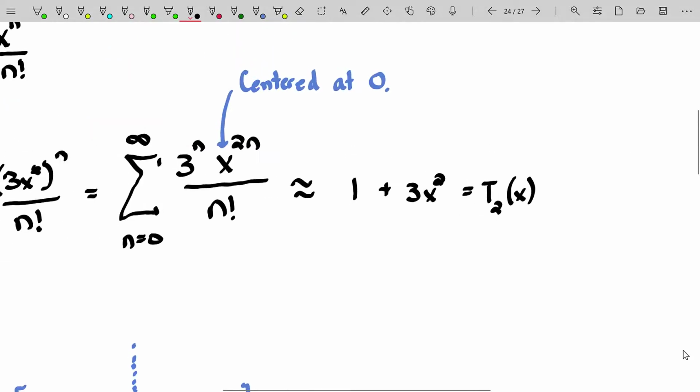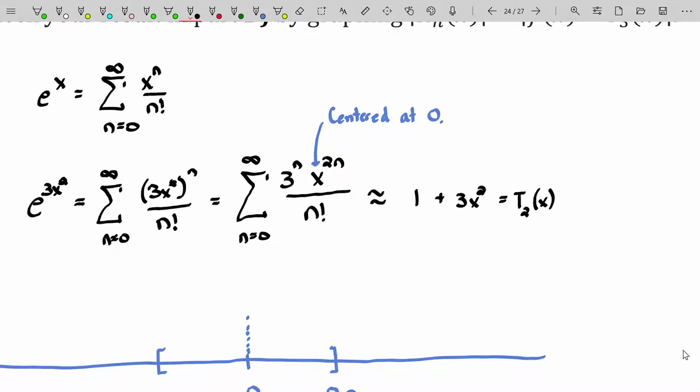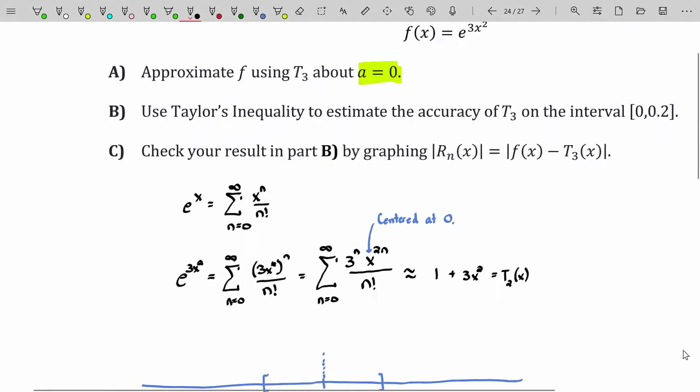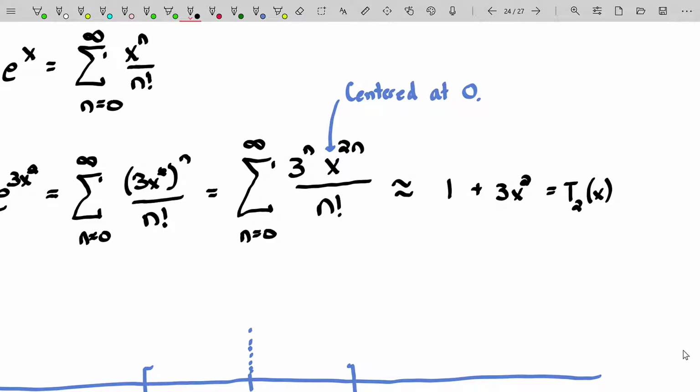We can't get a third degree because, again, the powers on our expansion are all going to be even. And so we're just stuck with either getting a second degree Taylor polynomial expansion or a fourth. But because they don't want us to go beyond a third degree, we're going to have to be stuck using a second degree Taylor polynomial expansion.